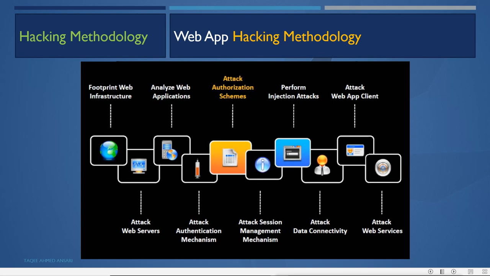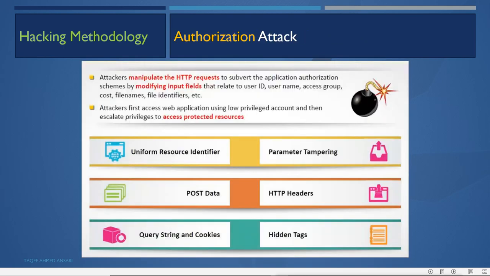In the authorization attack, attackers manipulate the HTTP request to subvert the application's authorization schemes by modifying input fields that relate to user ID, username, access group, cost, file names, file identifiers, etc. The attacker first accesses the web application using a low privilege account and then escalates the privilege to access protected resources.